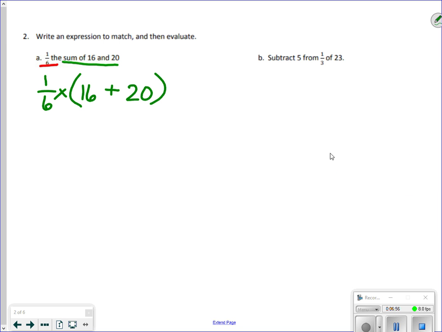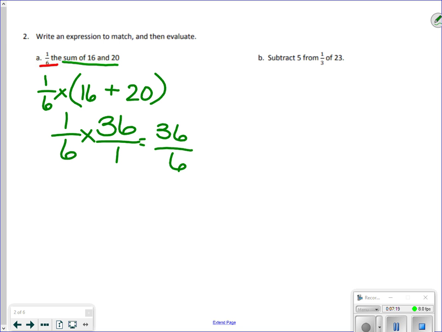Okay. So we do 16 plus 20, 36. Then we have to take 1/6 of this. We do have to multiply. So 36/6. Can I leave that as my answer?